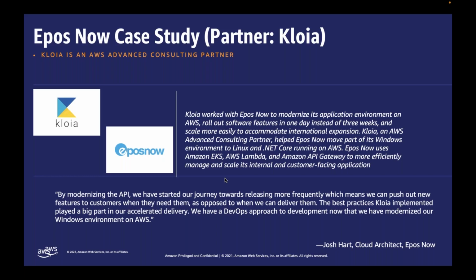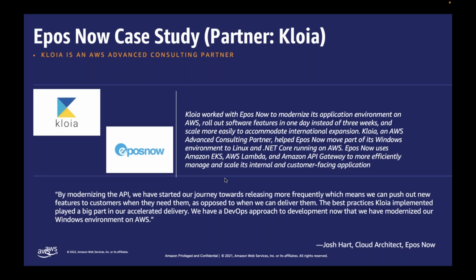Yes, so EPOS Now is a leading provider of cloud POS software for retail and hospitality, right? So we have about 30,000 restaurants and retail businesses that use EPOS Now as a point of sale software to run their business every day. They help the organizations manage sales, inventory, reporting, CRM, pretty much the whole spectrum, right?